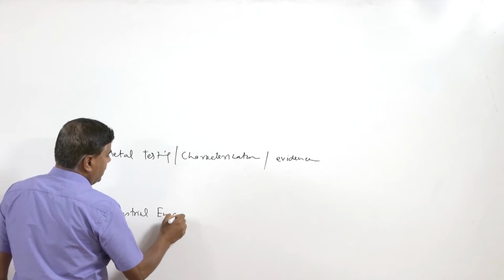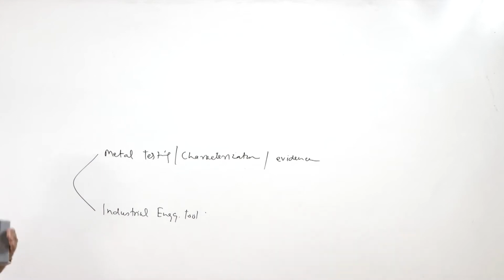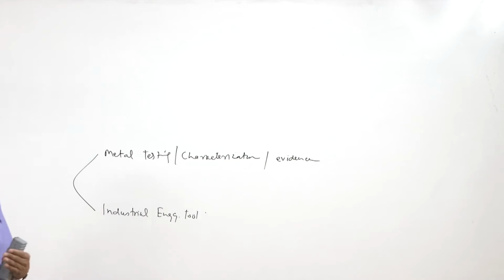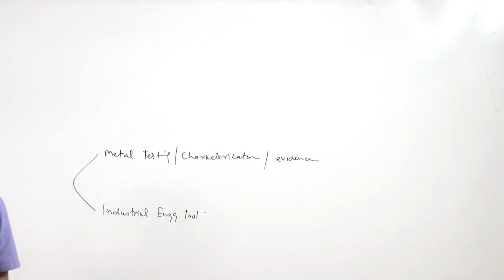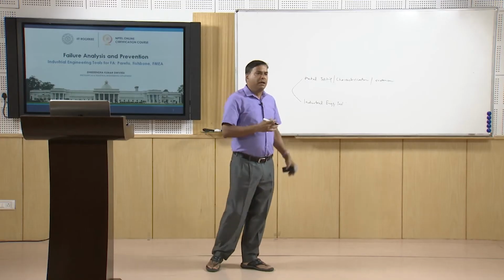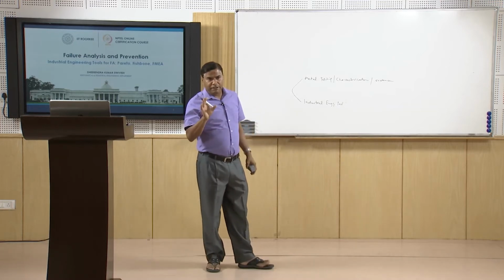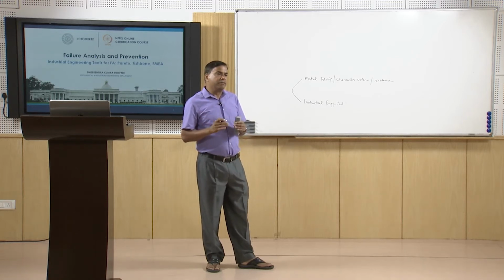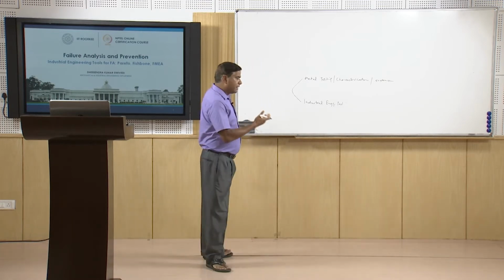In industrial engineering tools, there are a few tools which will help us to analyze the various sources of failure in a more systematic manner, so that we can zero in on certain causes which will help us to improve the workability, availability and the better performance of the products, which will also help us to identify the areas which need to be focused on for avoiding any kind of failure, and if the failure has taken place, then what we should do to avoid its reoccurrence.